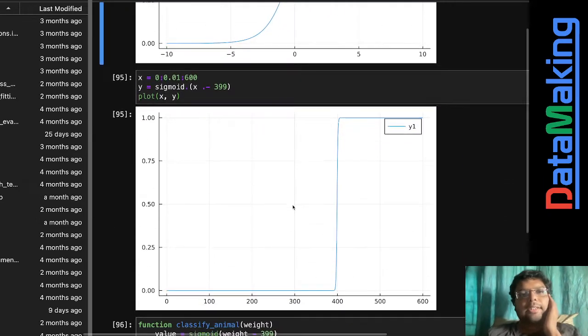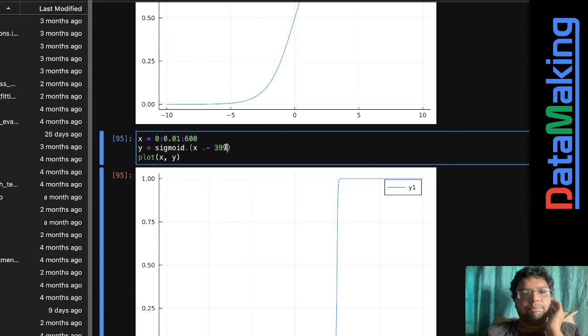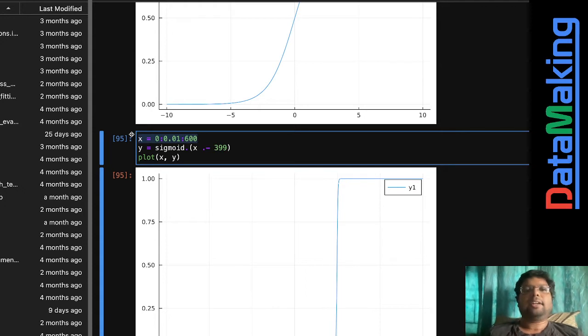So now what I'm doing is taking away 399 from x. This dot minus is nothing but element-wise subtraction. Think of x as a vector or array. Actually it's a range, but you can think of it like that mentally.